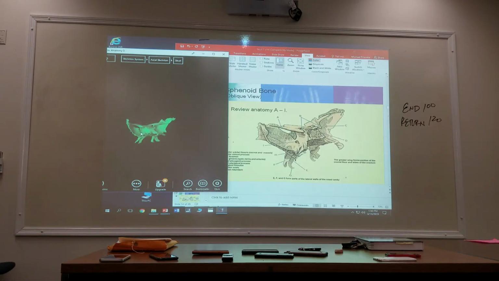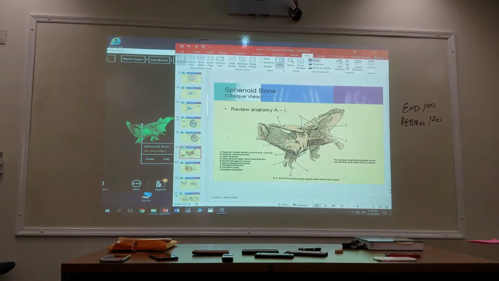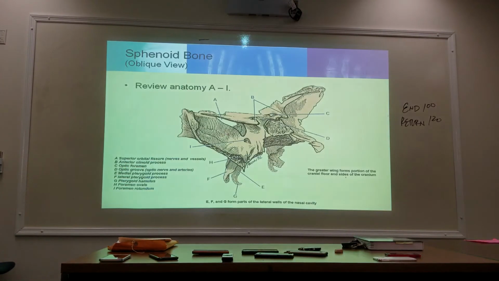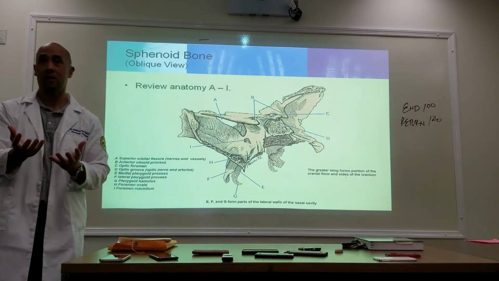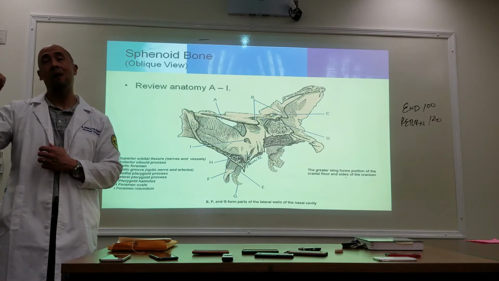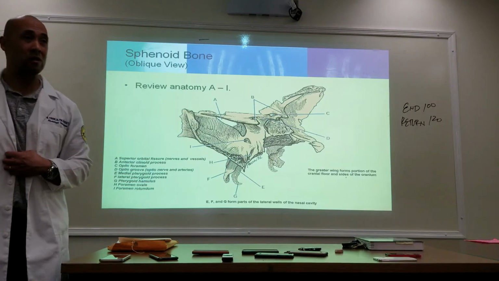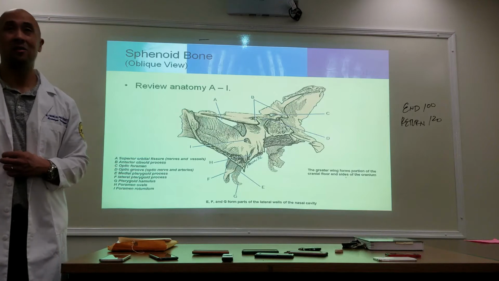So there's a lot of parts that go on with this particular bone, and it's hard to understand what they are and how they're located unless you have a skull that you hold onto, or if you've got this app. I told you guys to get this app before we did the skull, didn't I? There's a lot of parts to it.